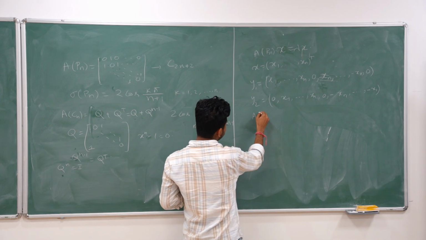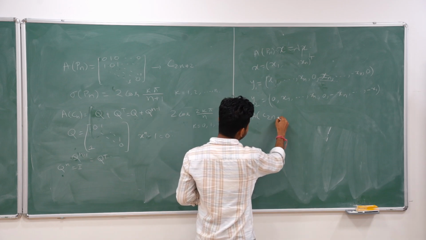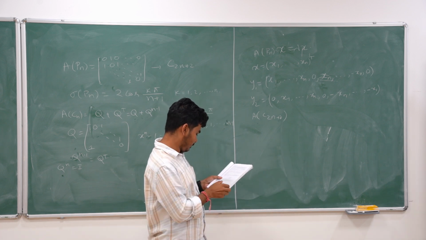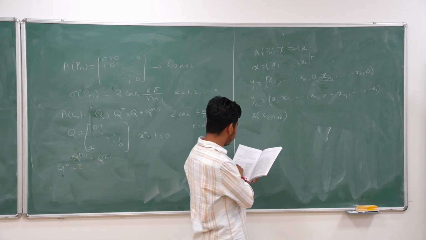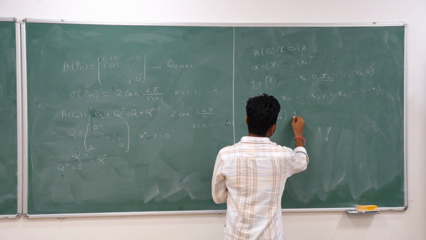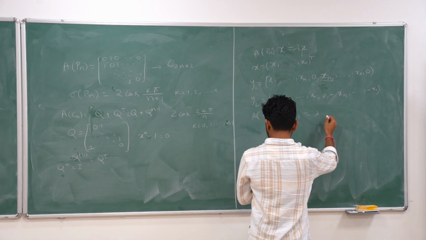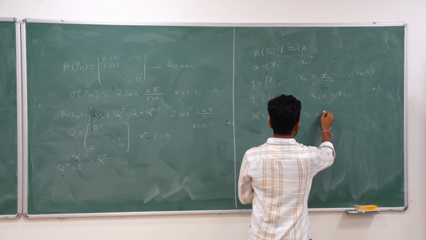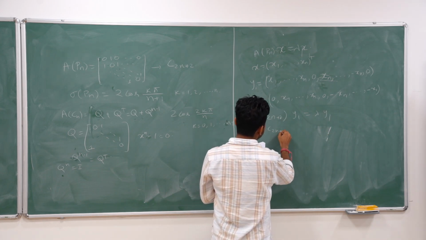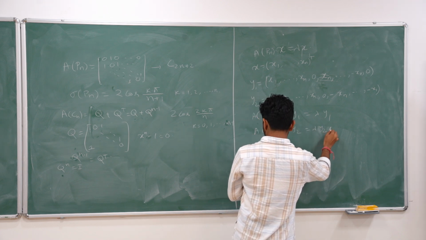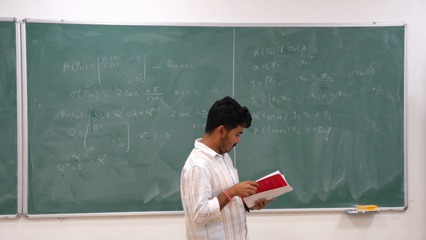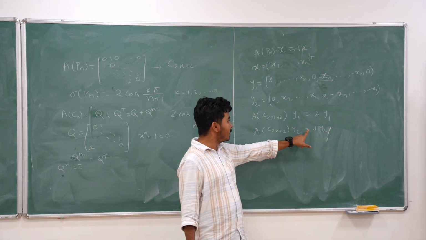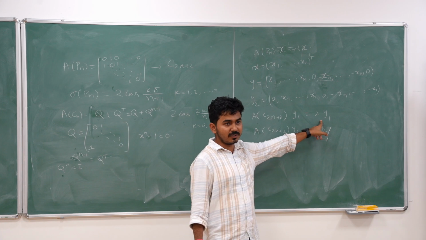And as I told, if you carefully do the partition of the adjacency matrix of A of Cn, this will give two independent eigenvectors corresponding to the same eigenvalue.